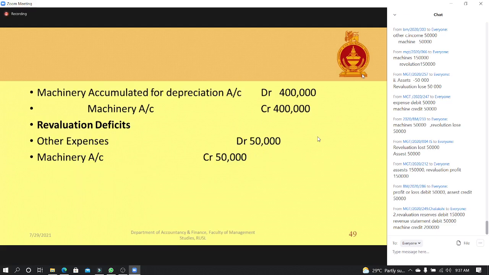So second one, revaluation deficit, other expenses debit 50,000, machinery credit 50,000. Previous one same as it is.